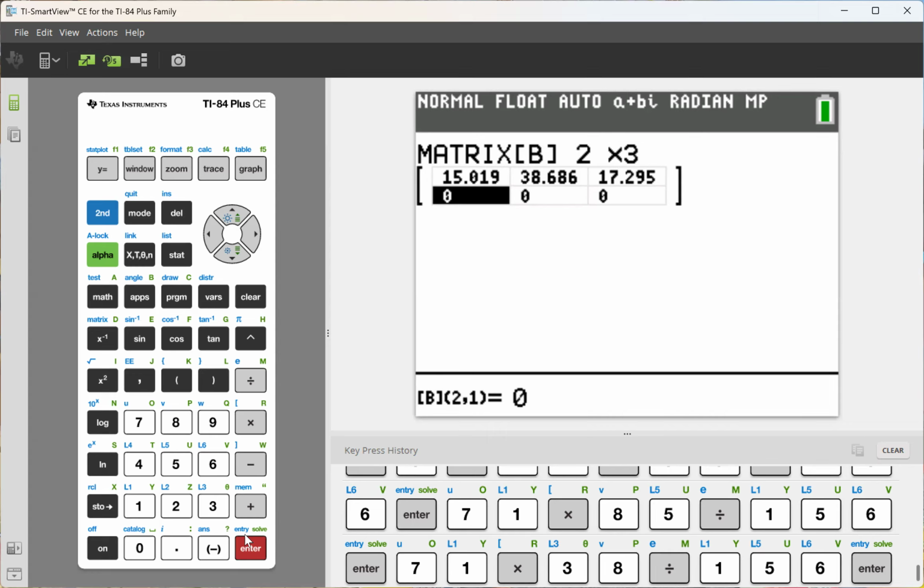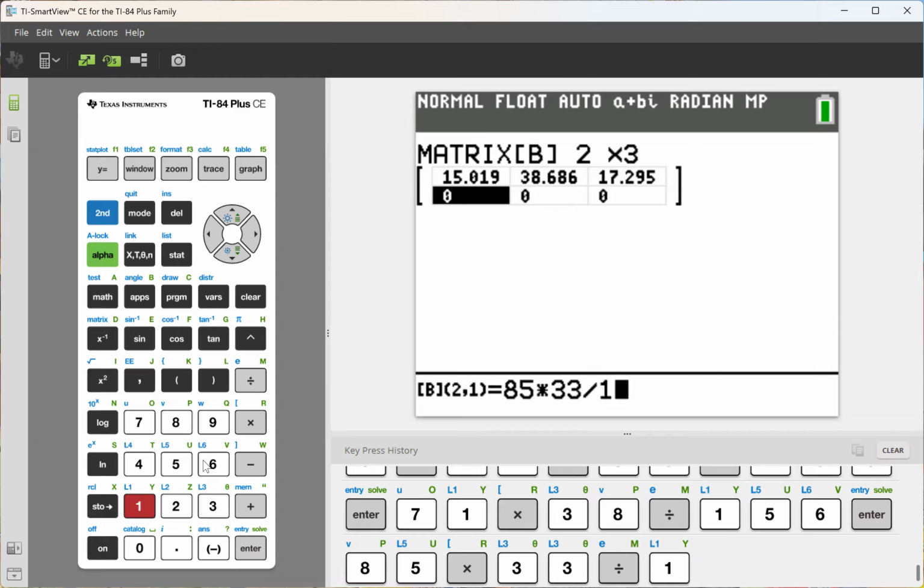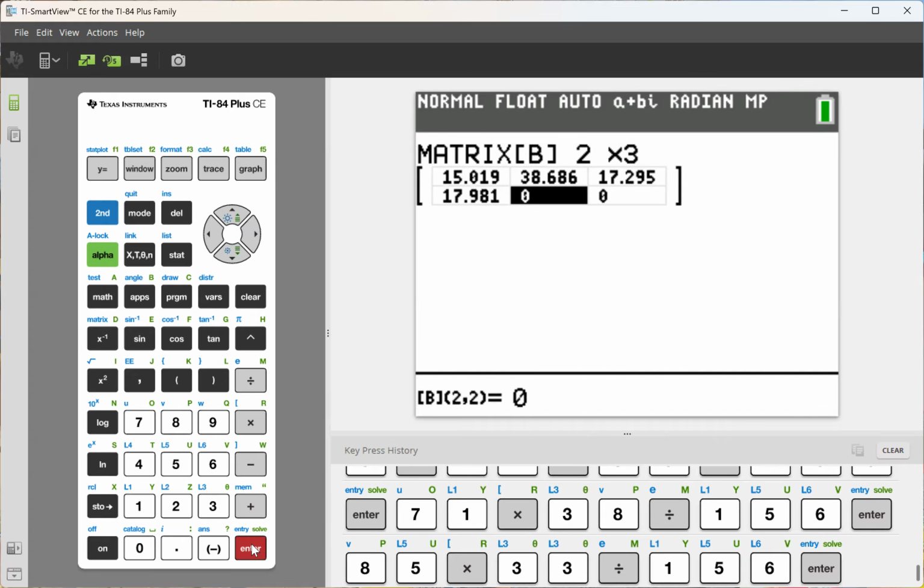Now I'm going to do the second row. The second row total was 85, times the first column total was 33, divided by the total, which was 156. I get 17.981. So now we're going to do the second row. Total was 85.